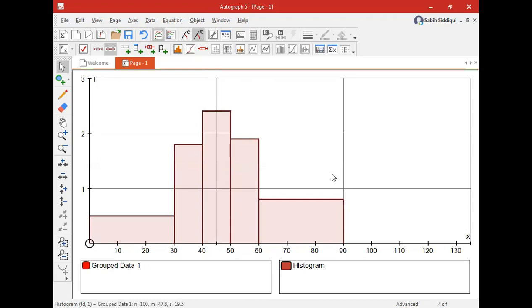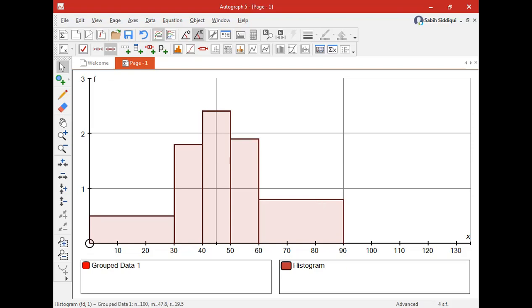Now the bars are actually representing, technically the area of the bars represents frequency, and they are actually representing in which region of the data how much data is lying. If the class width is broad, even that is represented, and the height is frequency density. Is this clear or not?